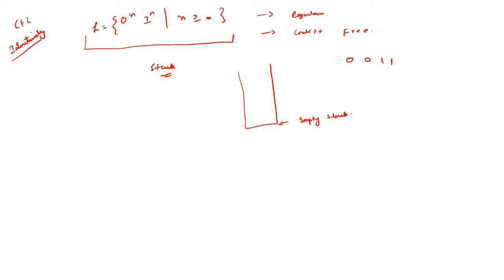The procedure that I'm going to follow is this: whenever I see a zero, I'll push it to the stack, and whenever I see a one, I'll pop from the stack. When I consume the entire string following this procedure, if the stack is empty, then I'll accept it.